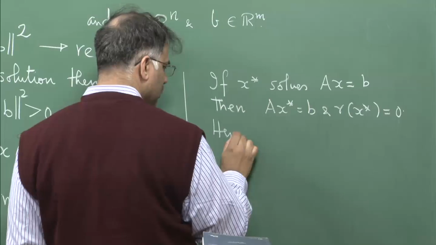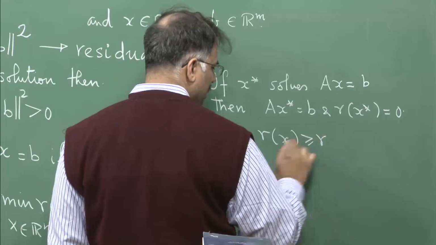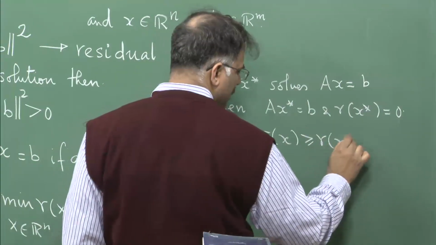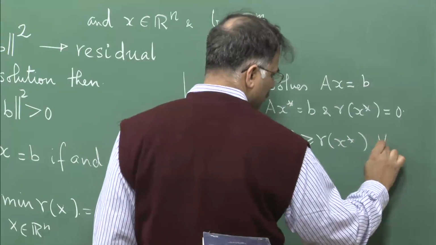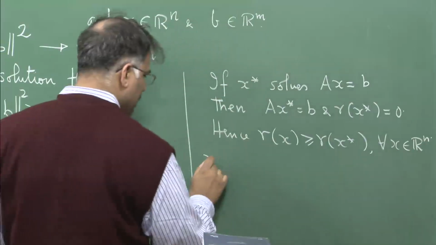Hence, because R x is greater than or equal to 0 for all x, x star minimizes R x.